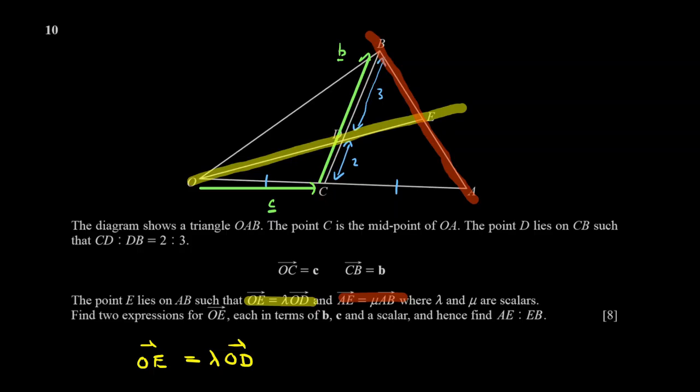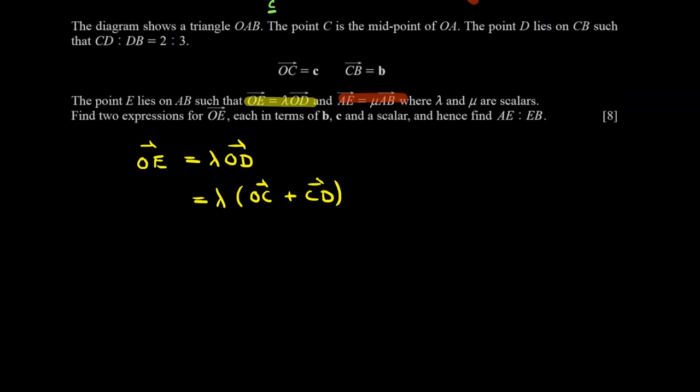So the vector C to D is the same thing as 2/5 of the vector C to B. In other words, it's equal to 2/5 of the vector B. So I'm going to say that this is lambda bracket C plus 2/5 of B. So I've already got an expression for OE there.